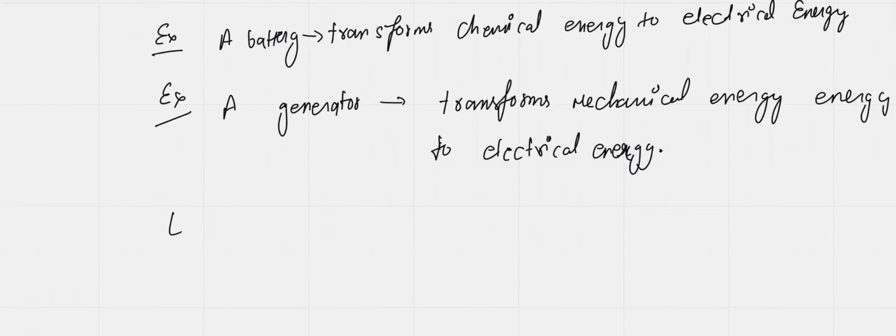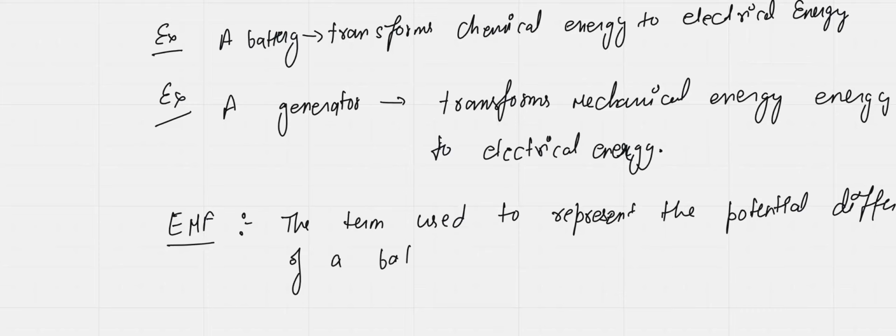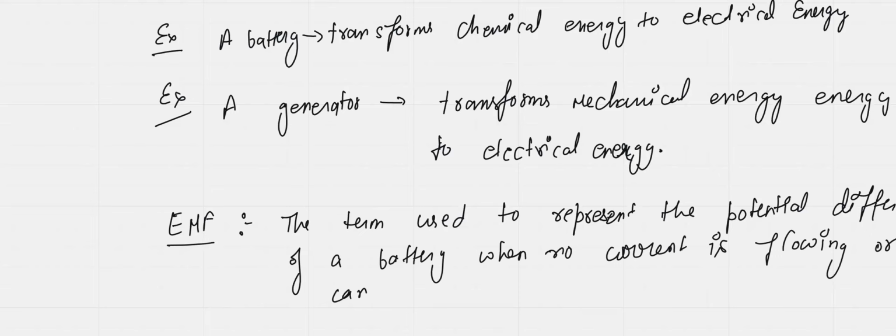So basically we can also say that the term EMF is used to represent the potential difference of a battery when no current is flowing, or you can say an open circuit.